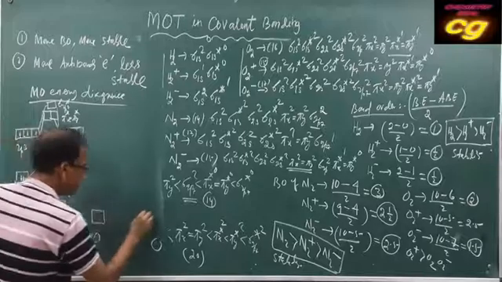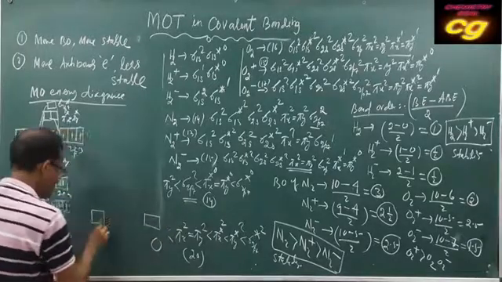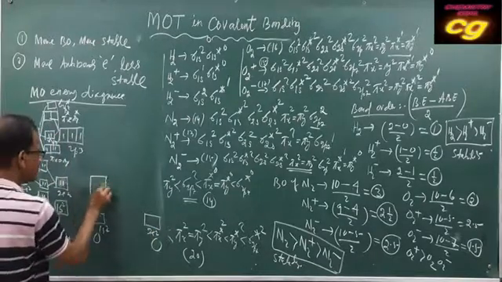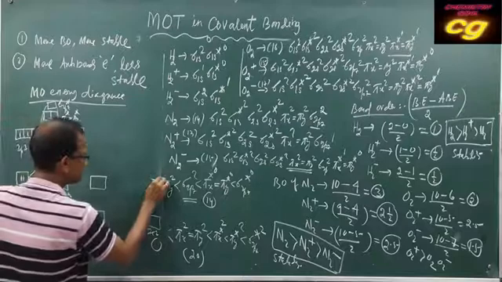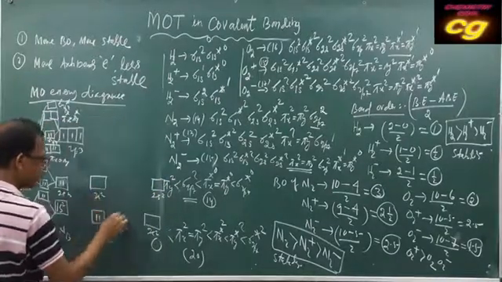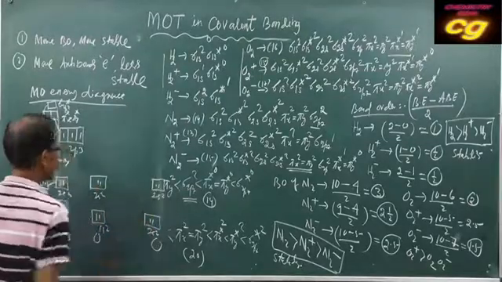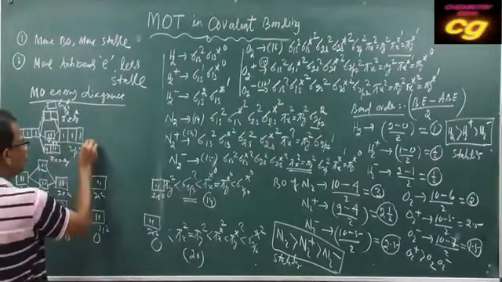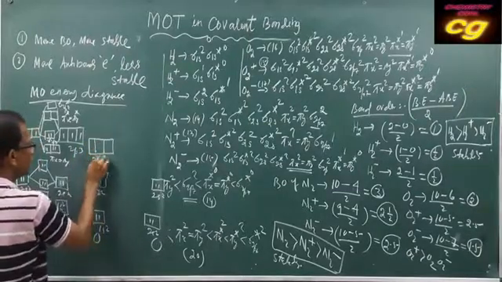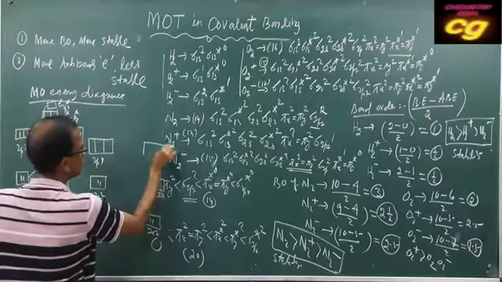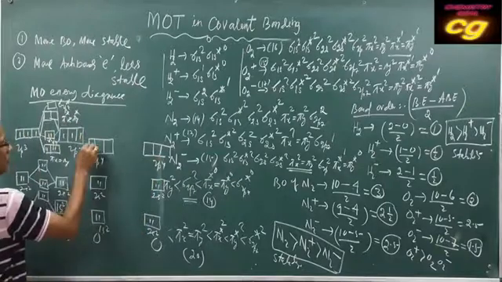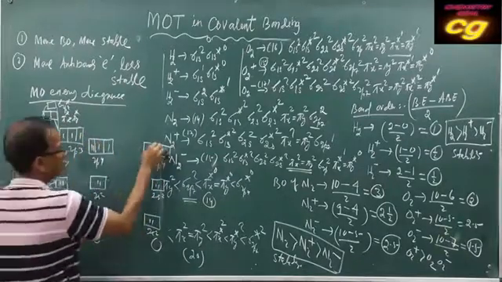Similarly for the oxygen molecule, suppose this is your oxygen, you can draw 1s2, 2s2, 2s2, then 2p4. 2p4 can be written like this. Here also 2p4. 2p4 means 1, 2, 3, 4.